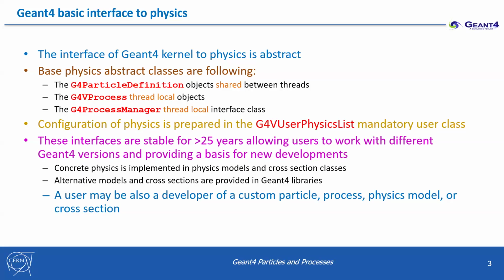Concrete physics is implemented in physics models and cross-section classes. Alternative models and cross-sections are provided in the G4 library, but any user may add a custom particle or custom process or custom physics model or cross-section.